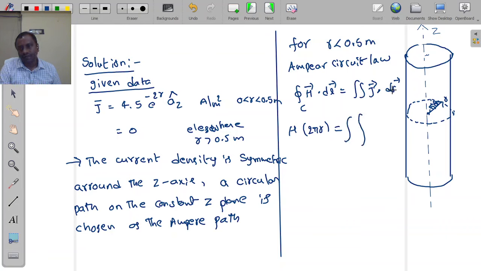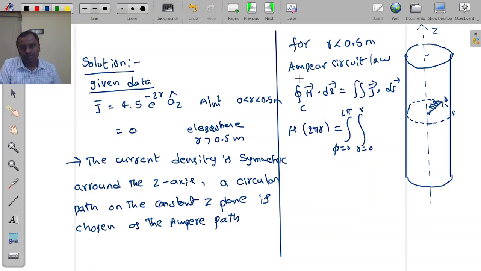Now ds is the surface we have chosen, which is as dotted in this. The surface is with respect to r and phi. So phi varies from 0 to 2 pi, and r varies from 0 to r.